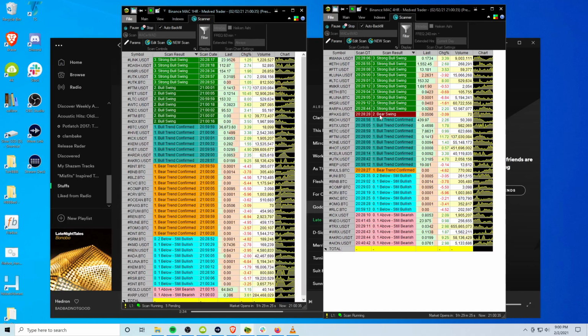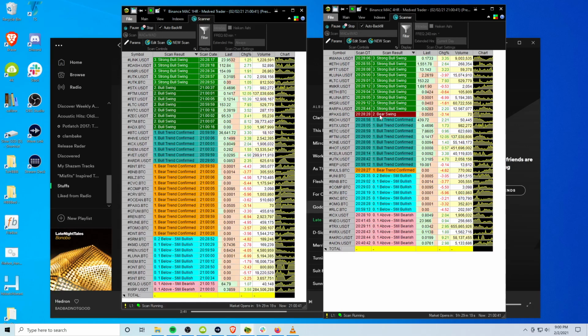It's still valid until you have a reversal of the trend. So you could be waiting forever to get your entry, but when you do have your entry, you will have a highly likely profitable swing.